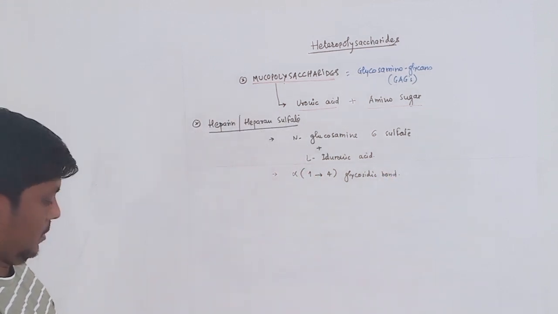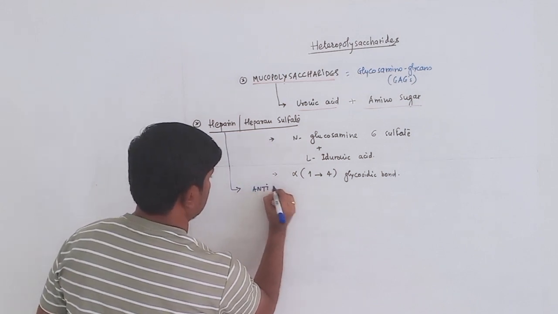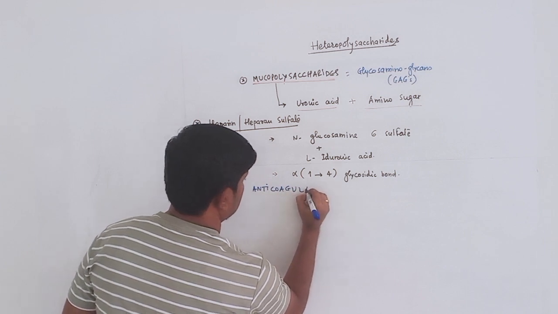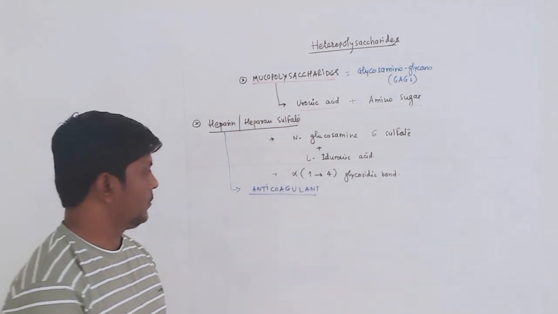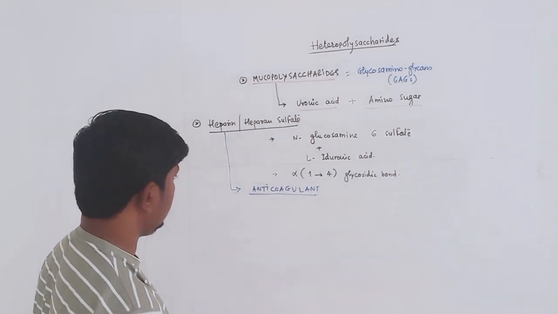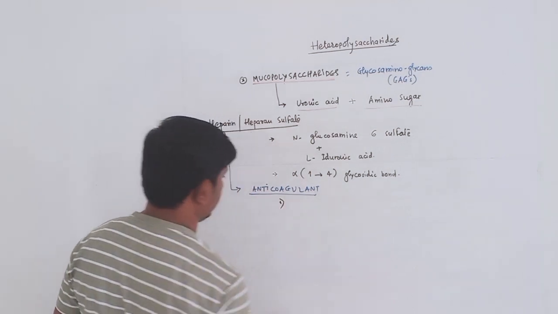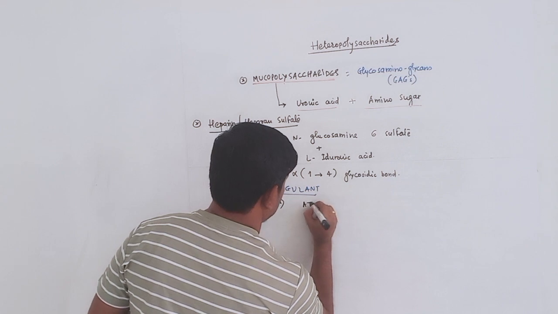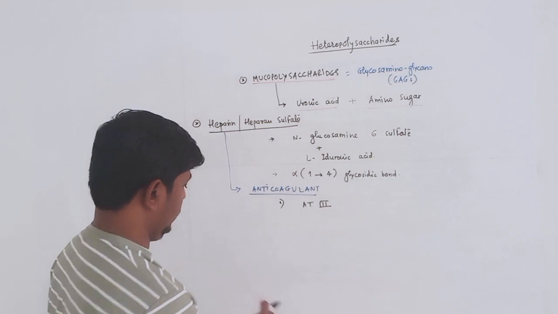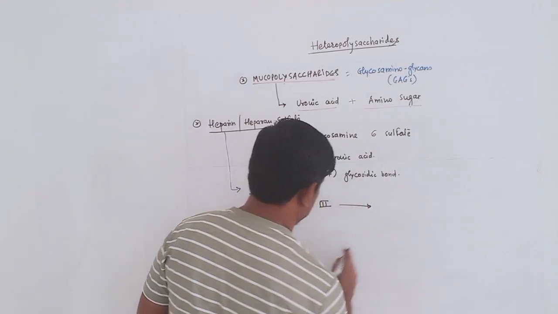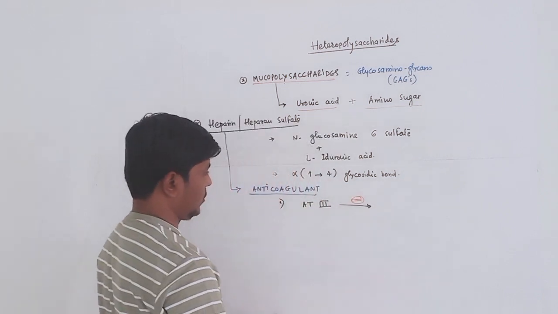Now, what is the use of heparin? It acts as an anticoagulant, which means it prevents the formation of clots. So, how does this heparin do its work as an anticoagulant? First of all, it activates antithrombin 3, which in turn inhibits thrombin.